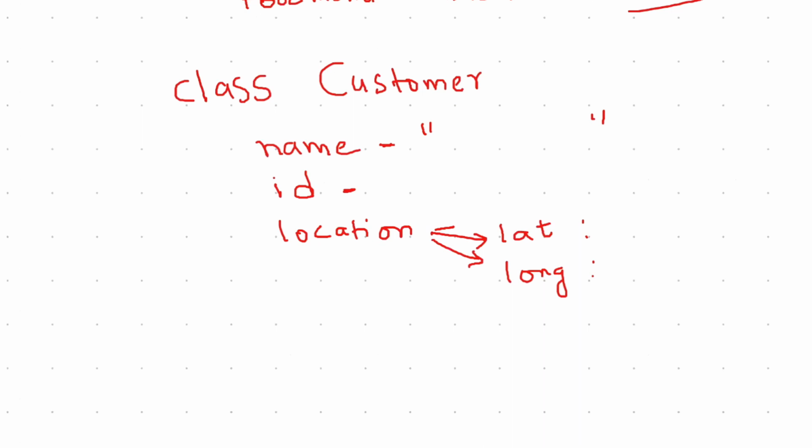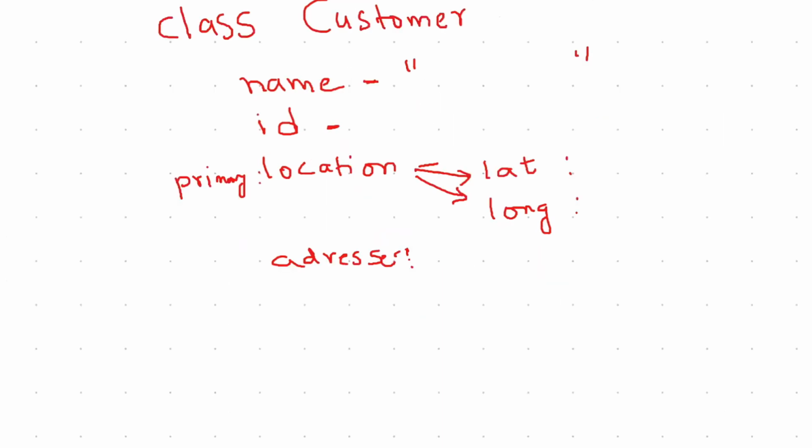And likewise, he will have some address, or probably you can call this a primary location so that you can spam him with ads. And we can have multiple addresses, isn't it? So I can have address number 1, A1, let's say. I'm using square brackets because this is the syntax of an array.